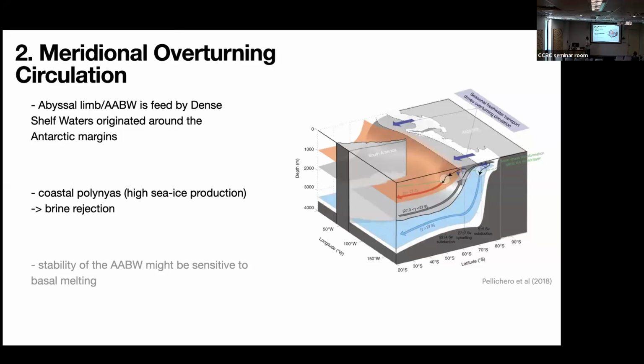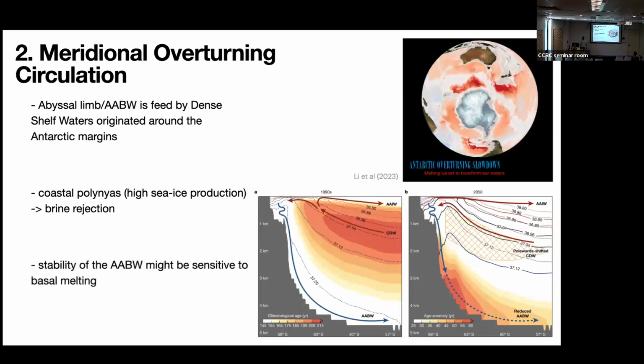This is actually what feeds the abyssal limb of the overturning circulation, as part of the formation and overflow of Antarctic Bottom Water towards the ocean abyss. And recently, we have seen that this overturning circulation can be heavily impacted by meltwater from the ice shelves, and that can cause a collapse of this overturning circulation in only a few decades.